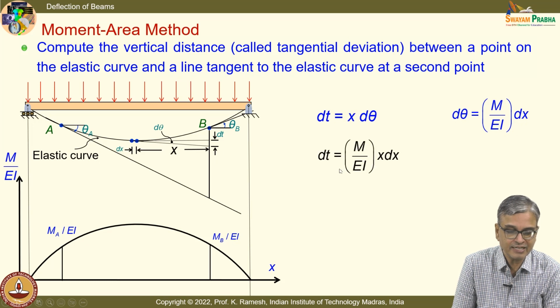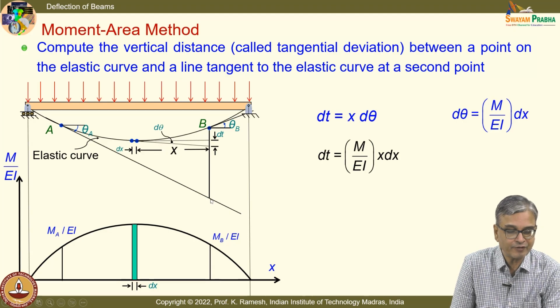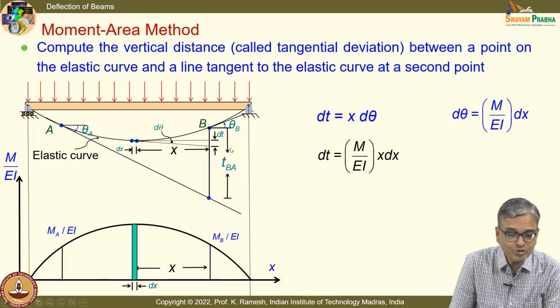And this is given as dt equal to M by EI x dx. And if I want to do it for the entire length, then I have to vary x from point A to point B. That means I have to integrate over this, okay, and this you call it as TBA.